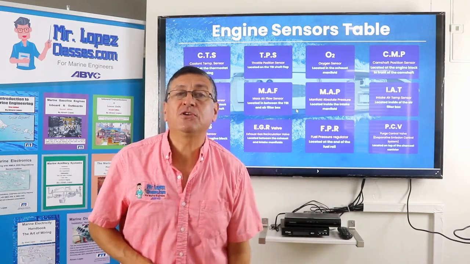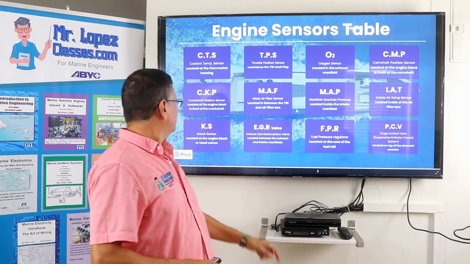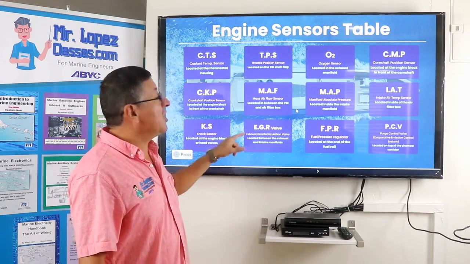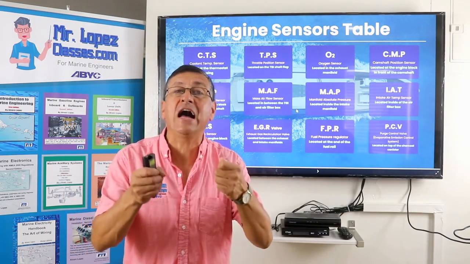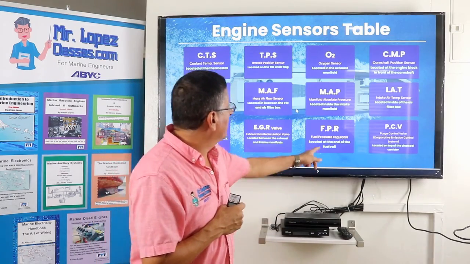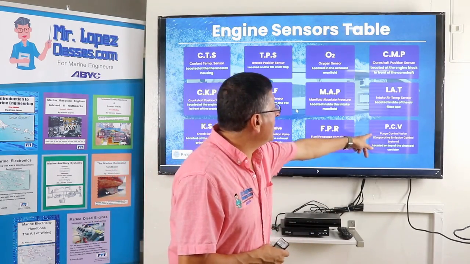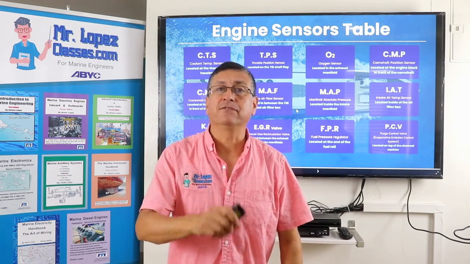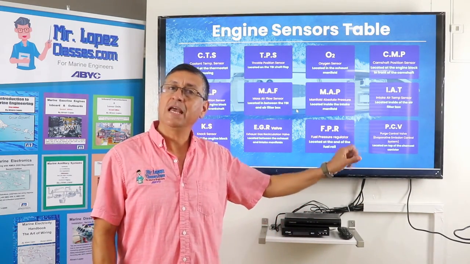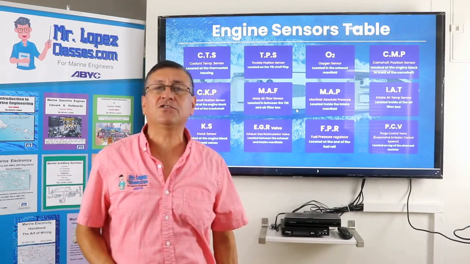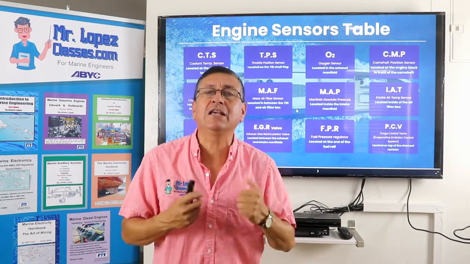Intake air temperature sensor. NOx sensor. Exhaust gas recirculation valve. Fuel pressure regulator. And purge control valve. The emission side of the engines. Those are the most common sensors, and we are going to analyze them.